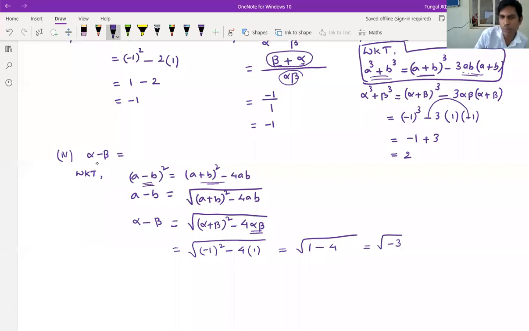So the formulas you have to remember while doing this: a minus b whole square is nothing but a plus b whole square minus 4ab. So a minus b is equal to the root, since we are removing the square now. So I consider the root here, and alpha plus beta for a plus b, alpha beta for ab. Just in terms of alpha and beta, replace it now. Value simplify, you will get root minus 3.